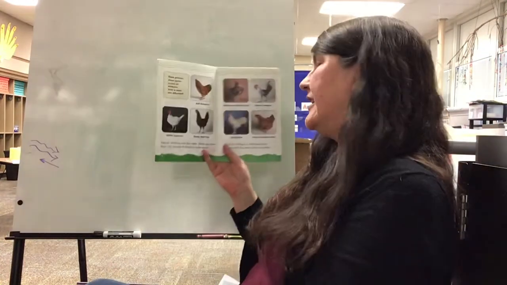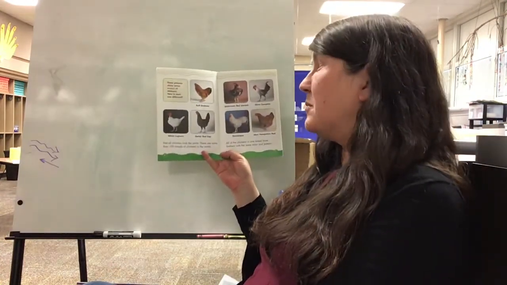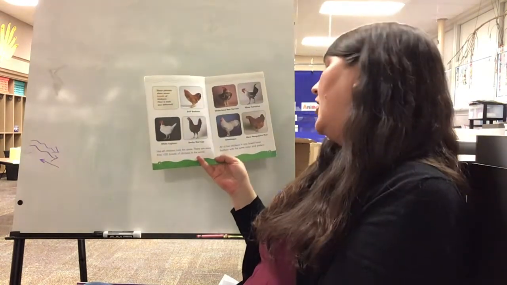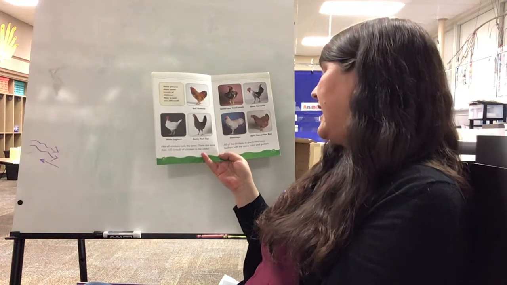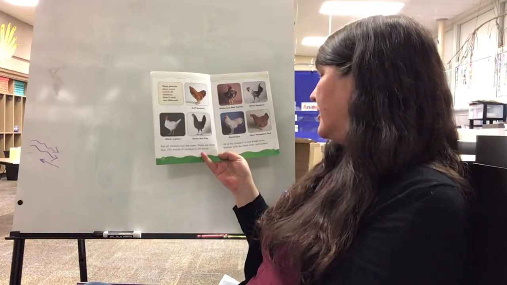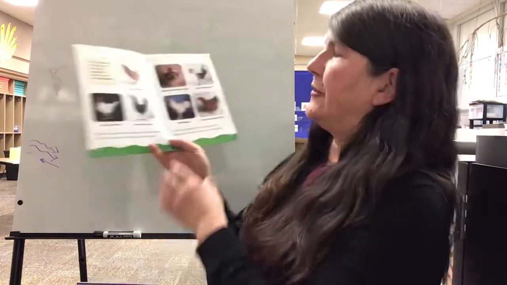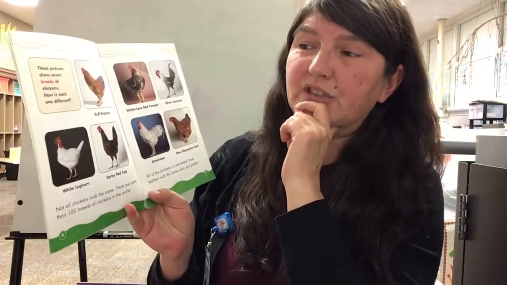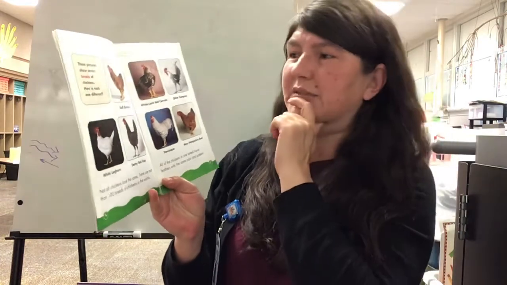Not all chickens look the same. There are more than 100 breeds of chickens in the world. All of the chickens in one breed have feathers with the same color and pattern. So, it says these pictures show 7 breeds of chickens. How is each one different?